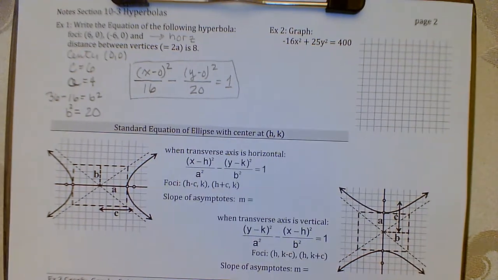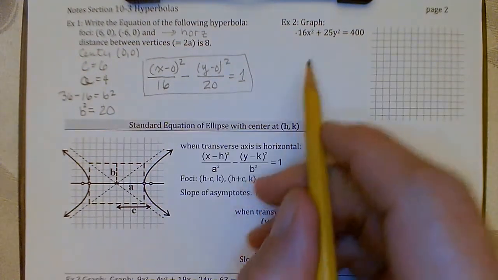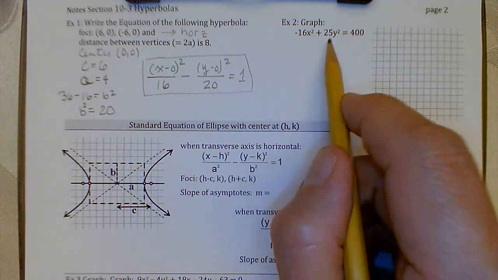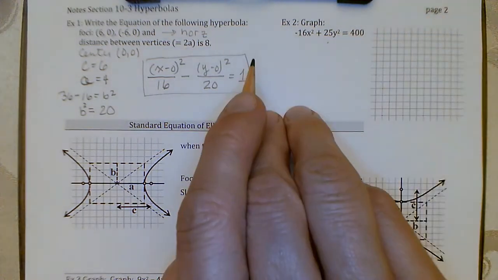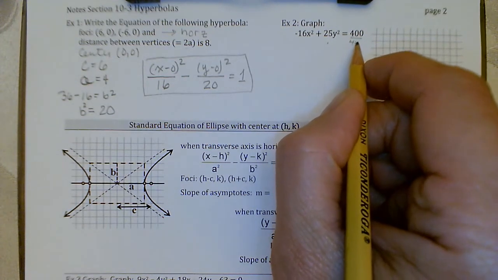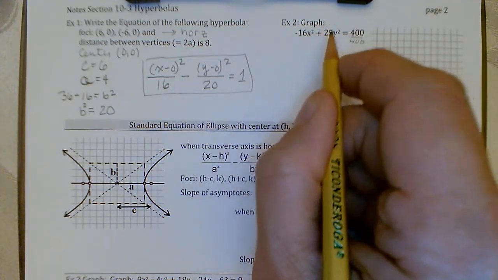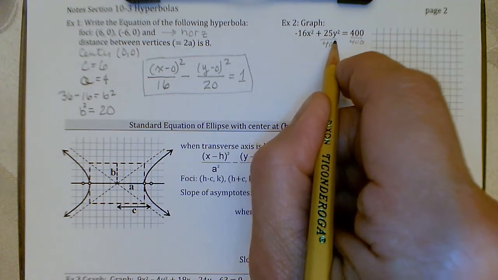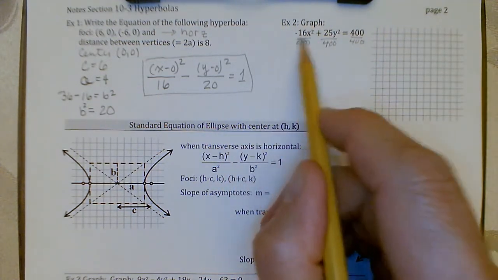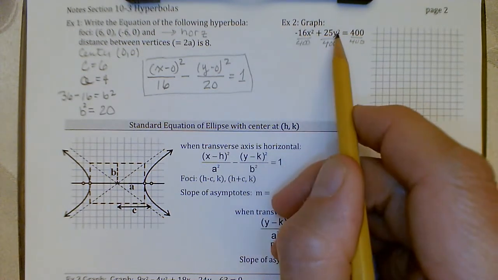All right, example number 2. Again, we don't have any x terms or y terms, so it's pretty clear this is also centered at the origin. What we want to do is divide through by 400 to make that a 1. We divide each of these by 400. Also, you can see the x squared term is negative, so we'll write that second.